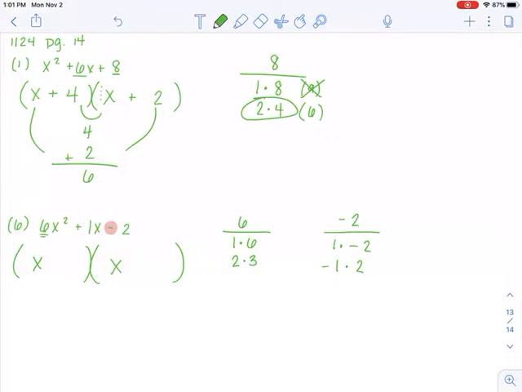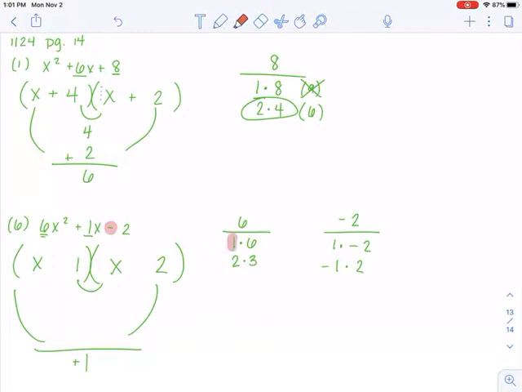So we know for sure we're going to have the numbers 1 and 2. I'm going to go ahead and plug those in. We'll determine if it's positive or negative in just a second. When I look at my inner terms and my outer terms, I want them to add or subtract, because we're dealing with negatives this time, to equal our middle term, which is 1. We want it to be a positive 1. That is our end goal.